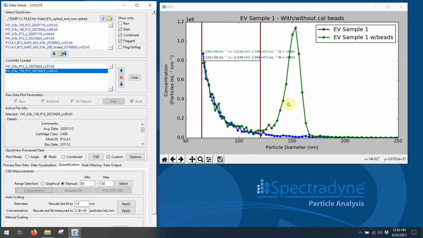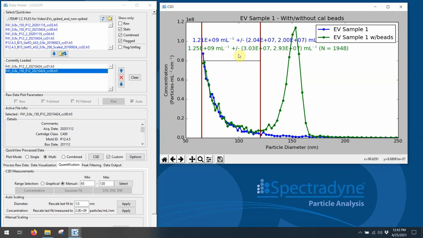You can see that the concentration measured in the range from 65 to 120 nanometers is 1.21 times 10 to the 9th particles per ml for the sample by itself, and 1.25 times 10 to the 9th particles per ml for the sample plus the 150 nanometer controls.